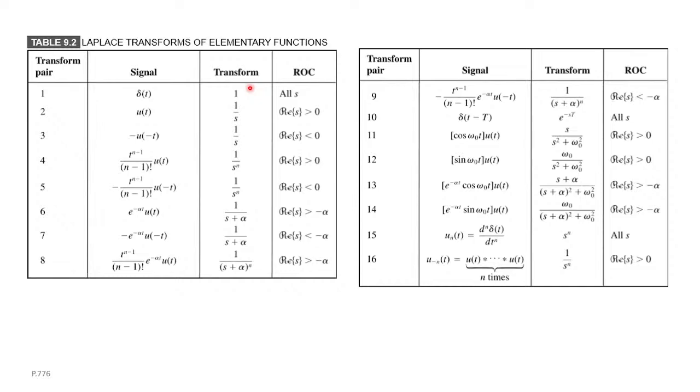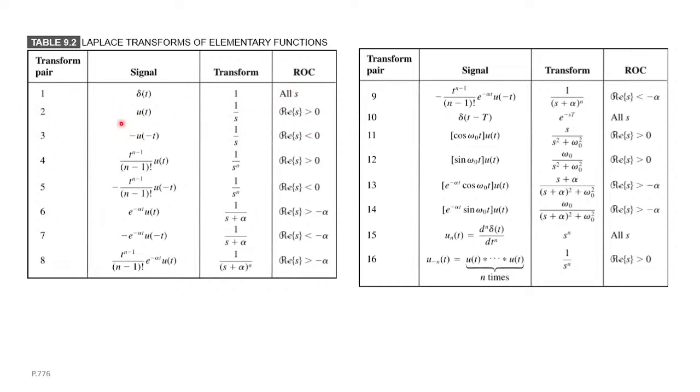We have talked about this. The derivation is, you can just do the integration and you will get a Laplace transform of 1, same as the Fourier transform. You can also get it from extending the Fourier transform of 1. And 1 is convergent everywhere, so the ROC is everything.